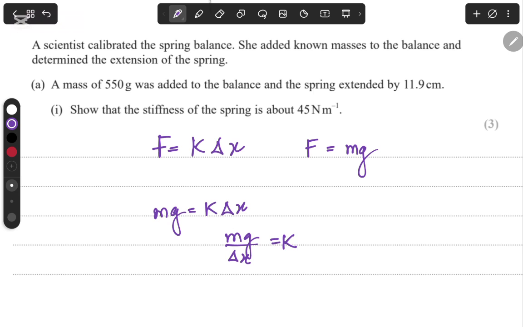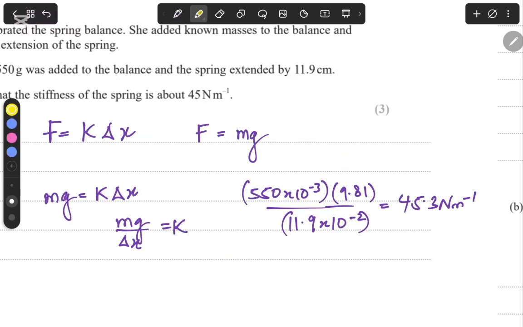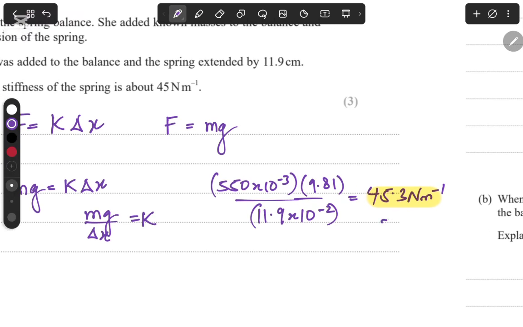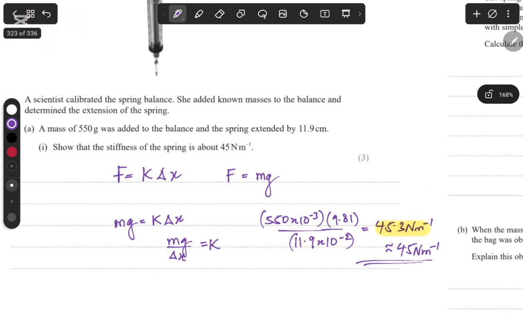So we're going to plug in the values and get the value of k. You're going to get the answer as 45.3 Newton per meter, and that's approximately 45 Newton per meter. So that's going to be your answer.